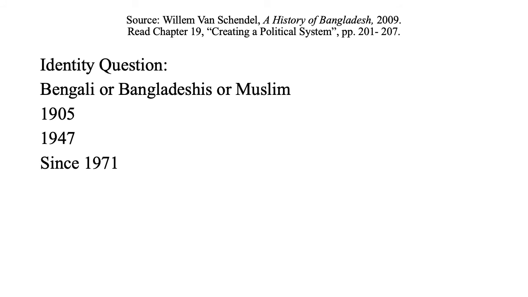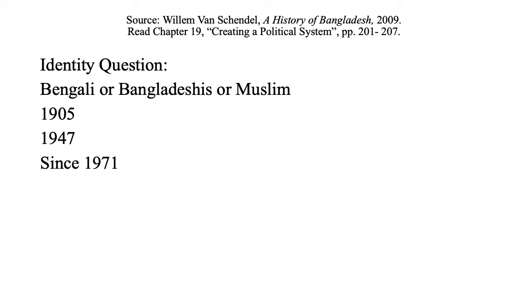As I said, that there has been the question of identity in the political phase of Bangladesh during the military rule of President Hossein Mohammad Ershad, who came to power in 1982.